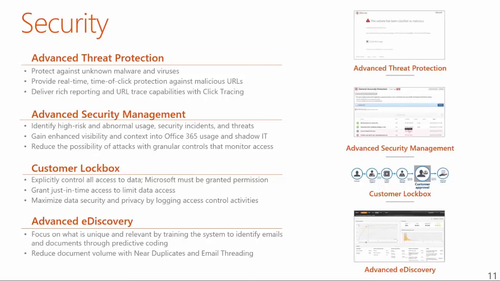Not only that, but Advanced Security Management, through connection to your logs, can actually analyze your network traffic and help detect competing products in your environment, assisting you in detecting shadow IT. Let's face it, every organization that makes an investment in a product like Office 365 E5, it's not necessarily something that is a throwaway product.